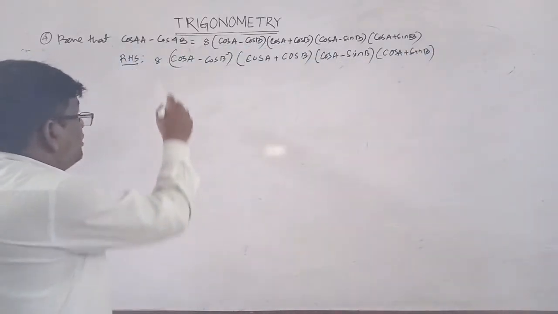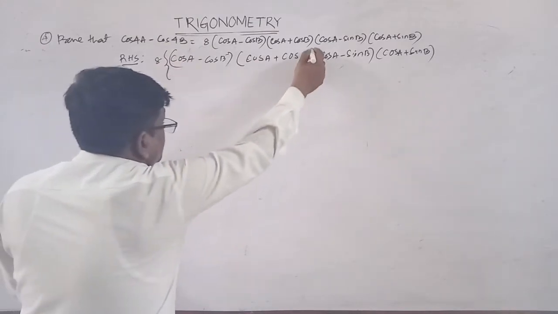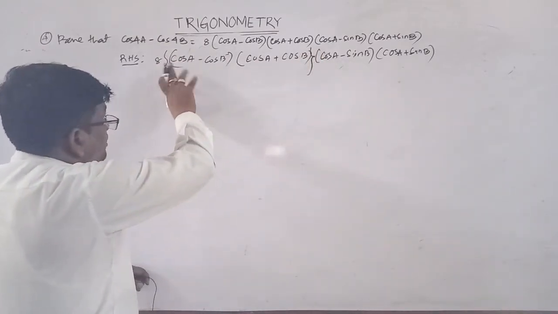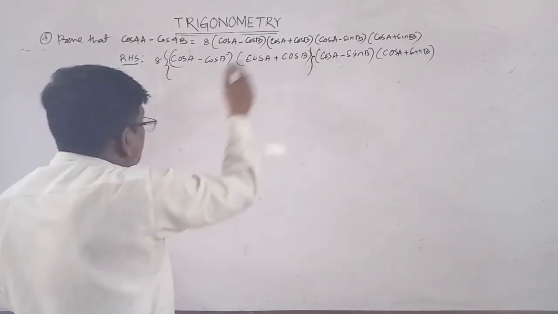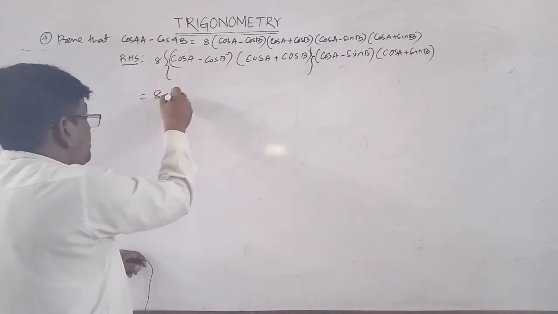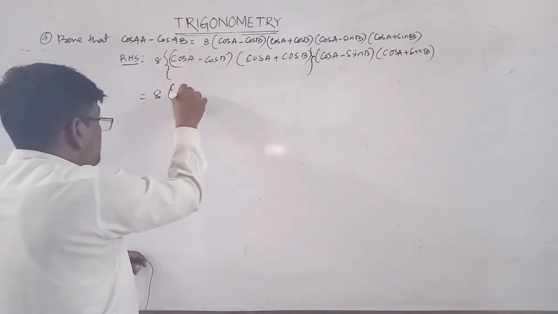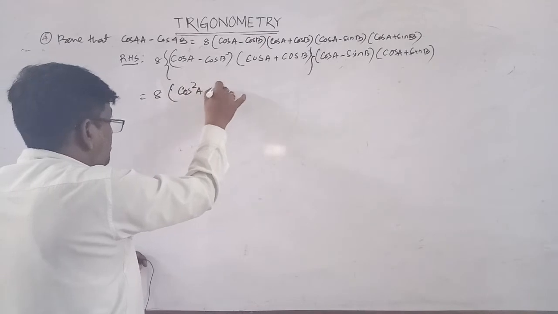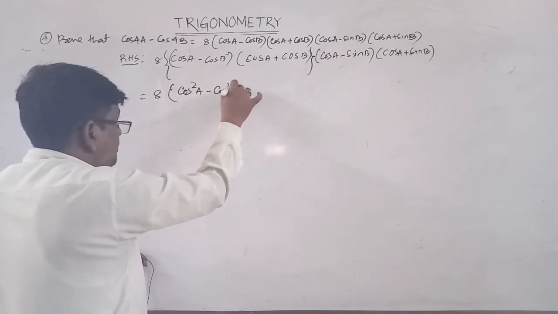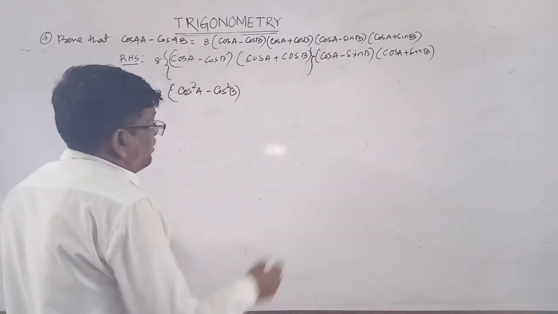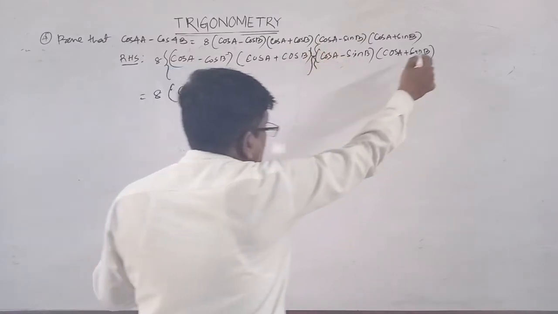This is equal to what? Take brackets, the (a−b)(a+b) formula. So this is equal to 8 into what? This is cos² A minus cos² B, and put bracket this also.